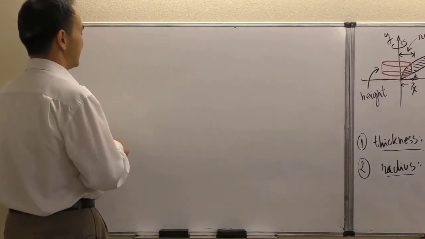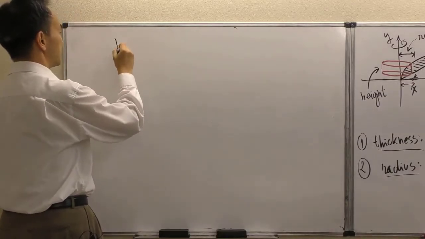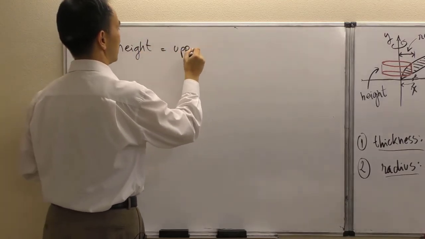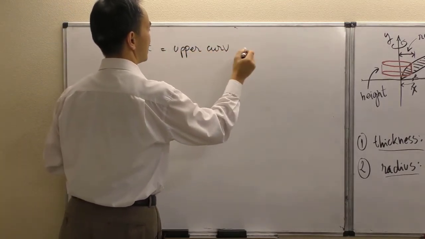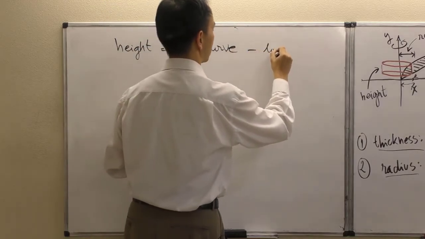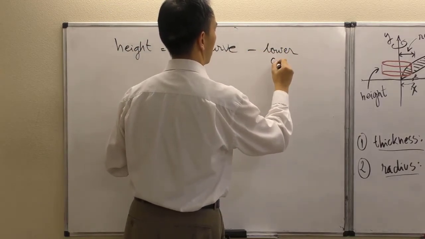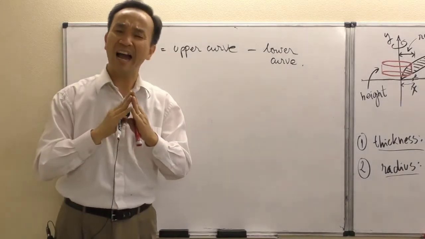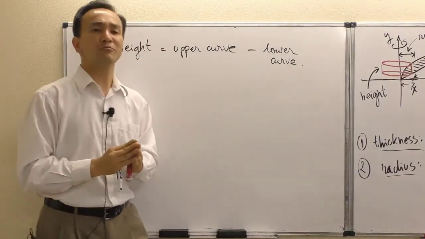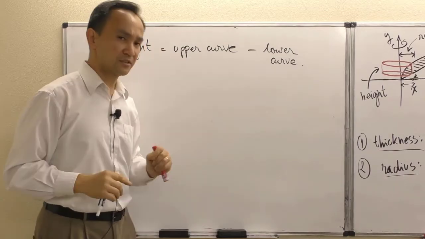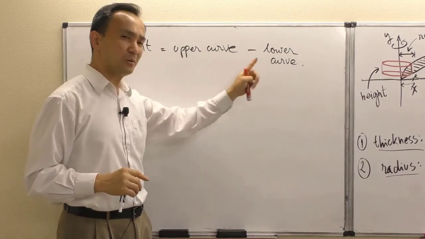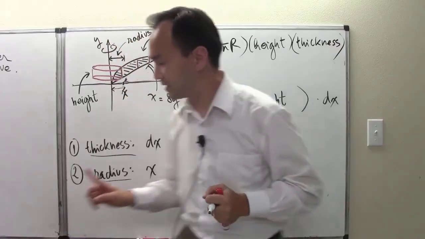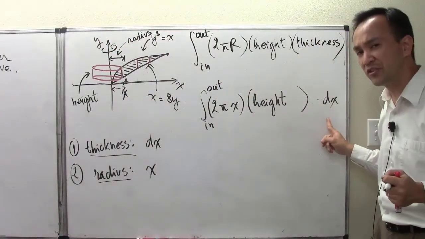So the height here, what we need is upper curve minus lower curve. That's the plan right there, because that's right from the picture. So we have to see the picture of these problems. Upper curve minus lower curve. Furthermore, we already have an indication that the integral will eventually be in terms of x.